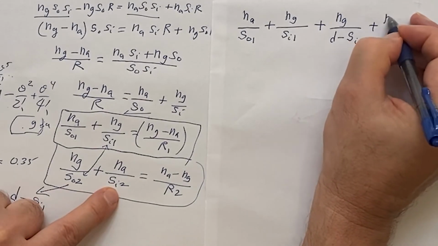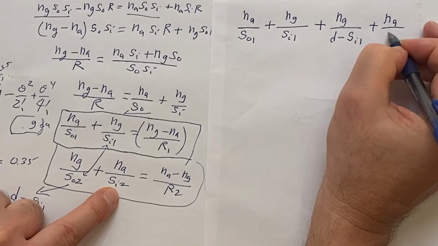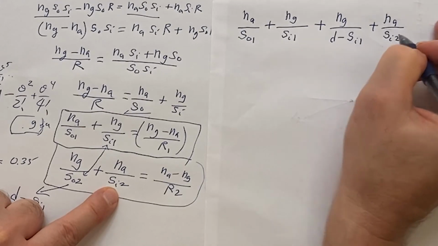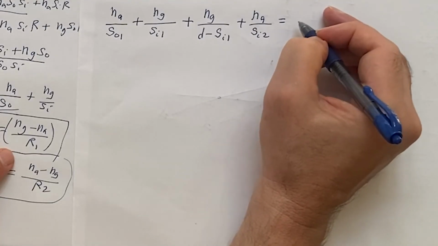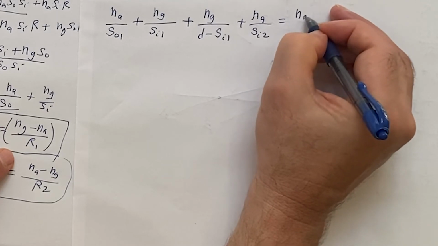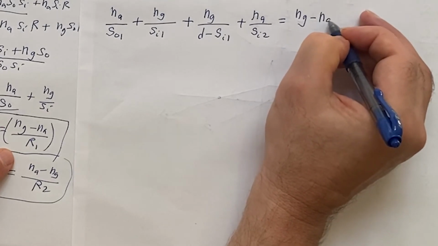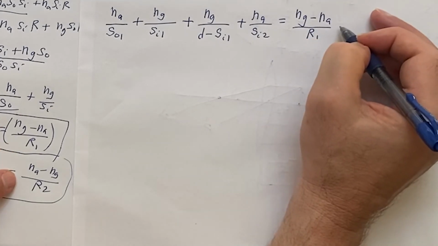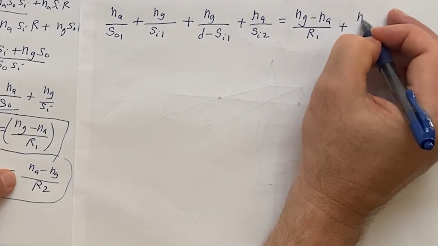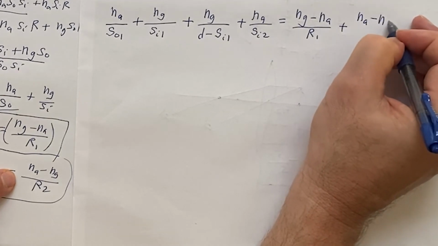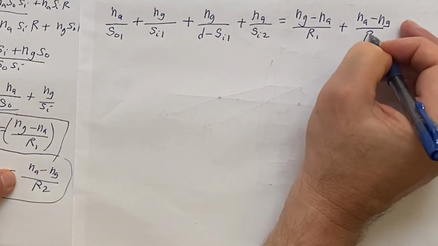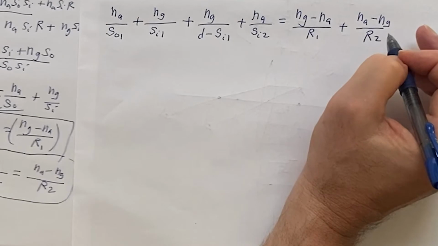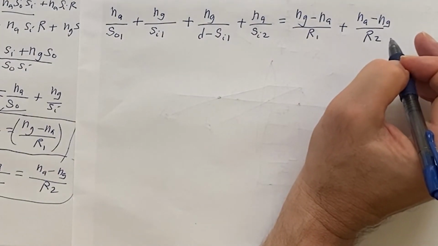Then we'll have the Na over, we're just copying down, and then we'll have these two terms here, Ng. It's a very, very powerful lens maker's formula we're deriving here. It's going to be nice. All right, plus, and I'm just copying down. This is just a copy. All right, over R2.